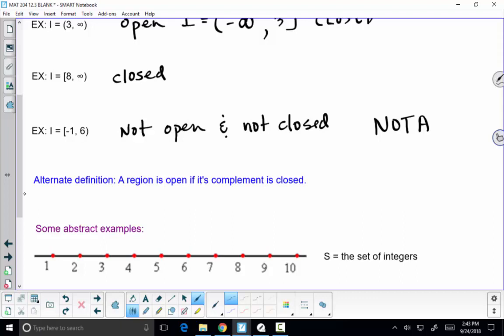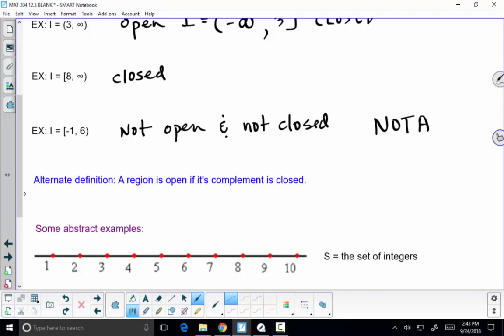A simple example in two-dimensional space would be a disk where we're including everything inside the disk, but we're only going to include part of the boundary. That helps. Yeah, so that would be not open or not closed, or NOTA.